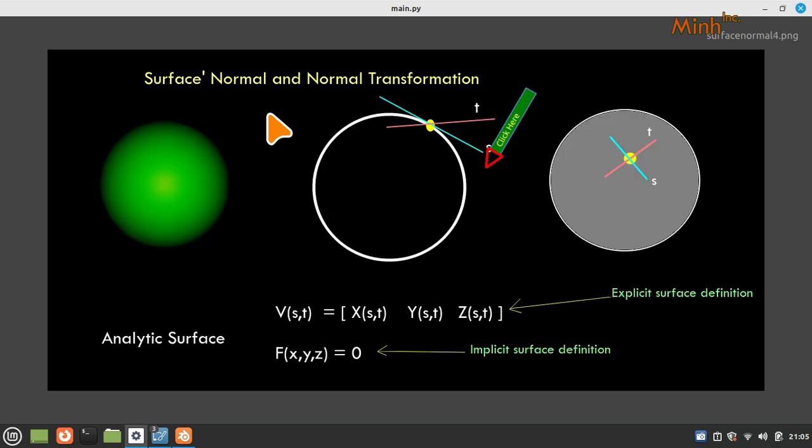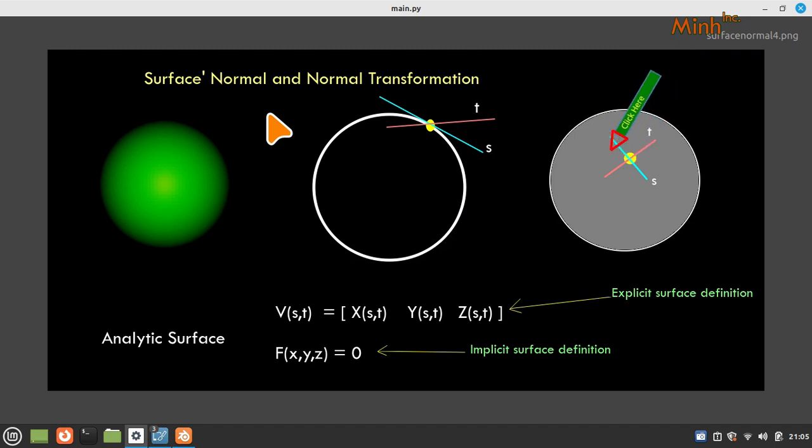That is the story. So if I have an analytical 3D surface, that is explicit surface definition, meaning it is variable only in s and t. If I calculate the tangent in s direction and in t direction, it would look like this at any point.